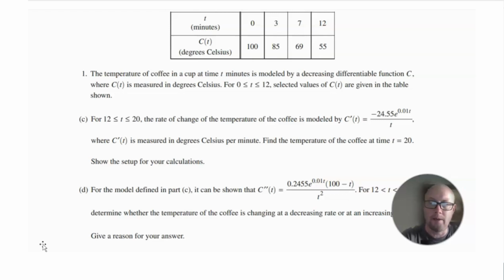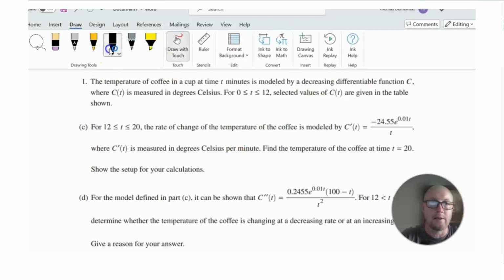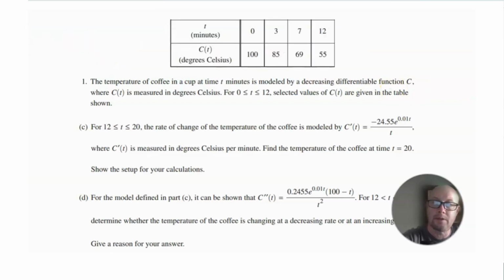All right, so what I want to do here is use the fundamental theorem of calculus. So what I want to say is that the integral from 12 to 20 of c prime of t dt is equal to c of 20 minus c of 12. All right.